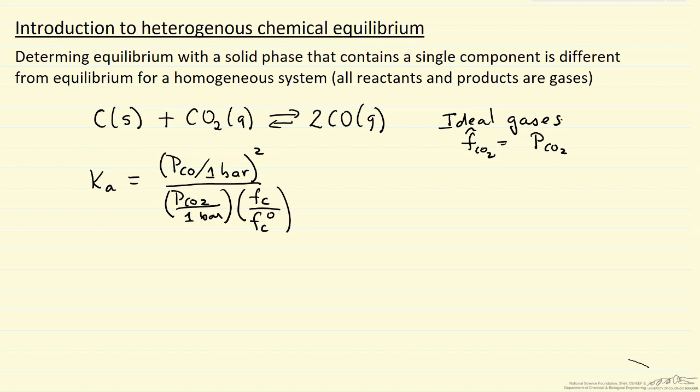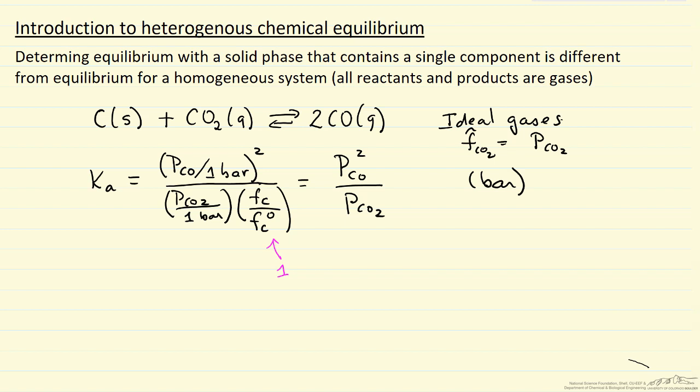Well, when we change the pressure on carbon, we're having almost no effect on its fugacity, so to a pretty good approximation, this term is 1, and that means this equation reduces to the pressure of CO squared divided by the pressure of CO2, where we're remembering that the units are bar.